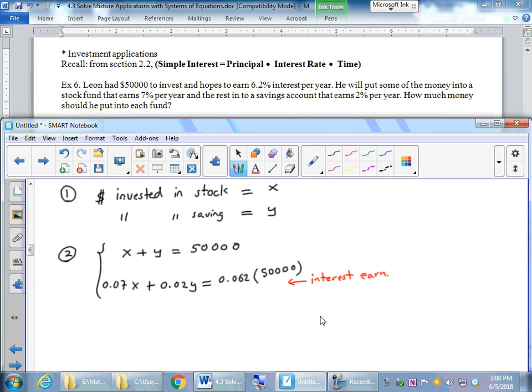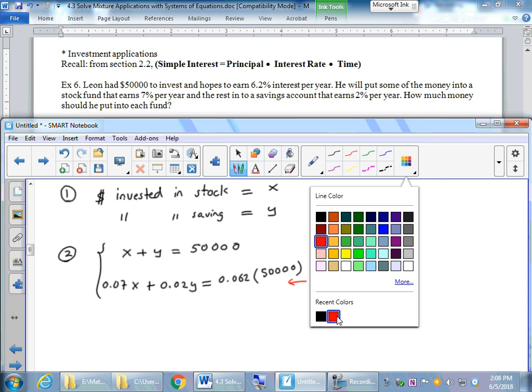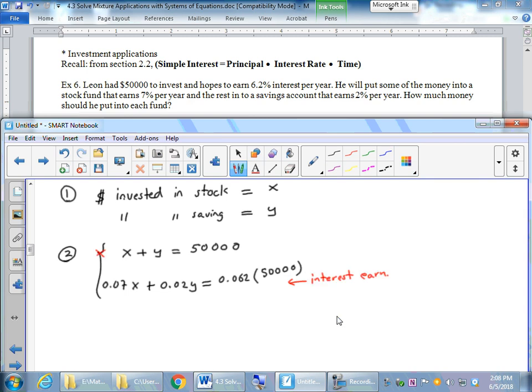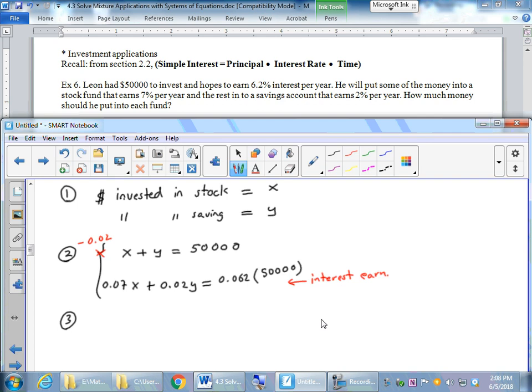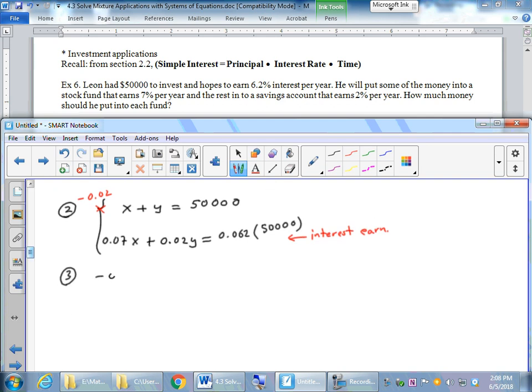So now, using the elimination method, I'm going to multiply the first equation by negative 0.02 to eliminate y. This gives us, on the next step, negative 0.02x minus 0.02y is equal to, when you multiply by 0.02, 1,000, right?